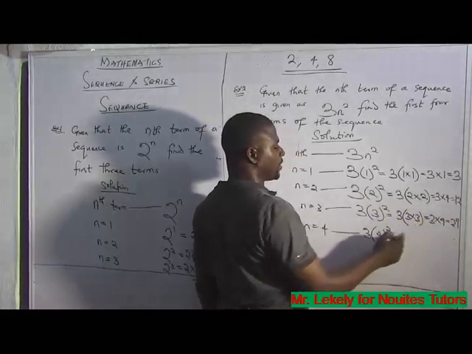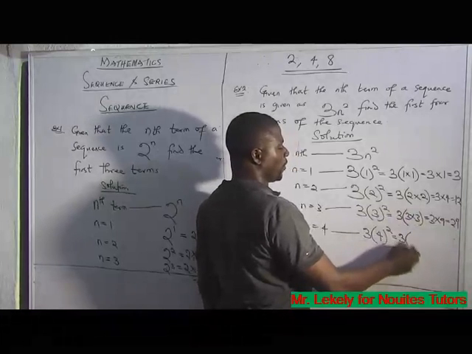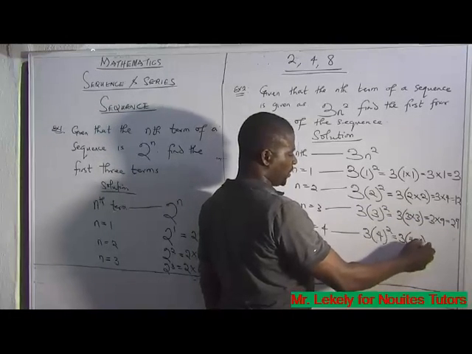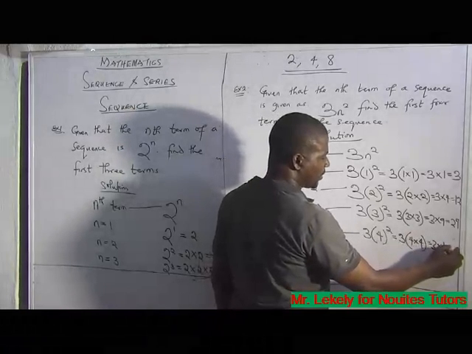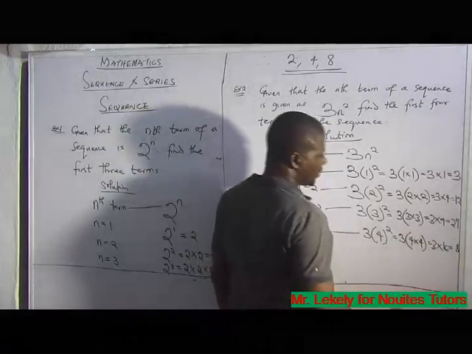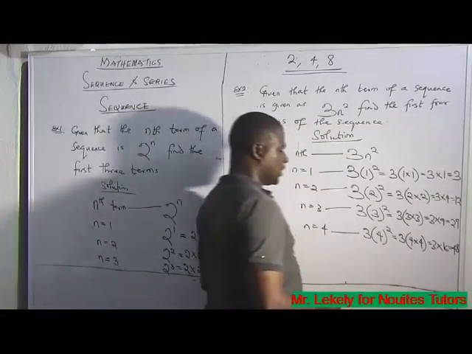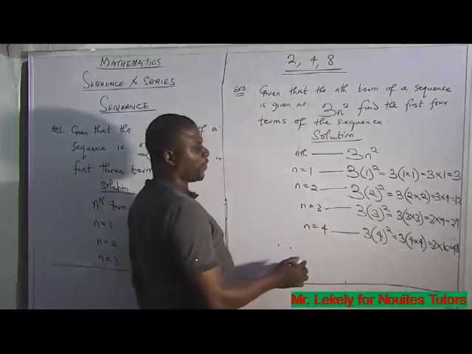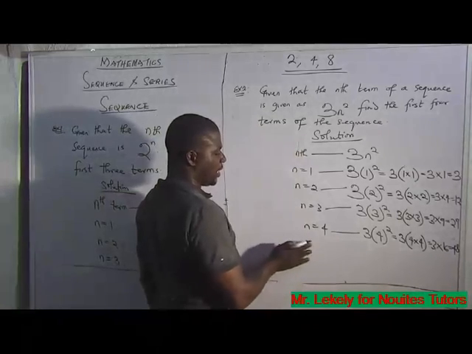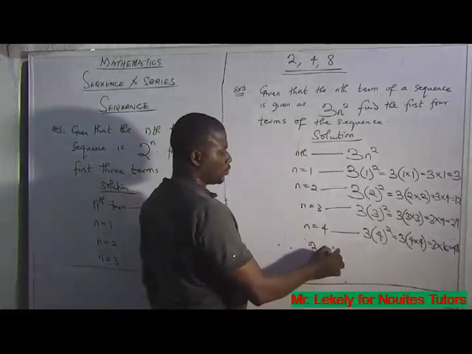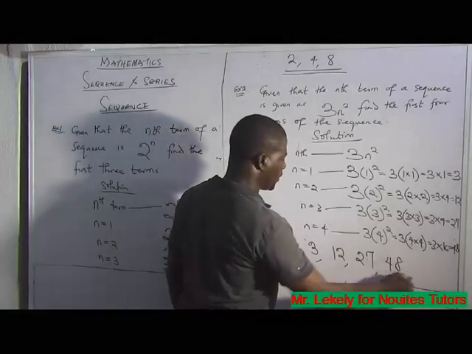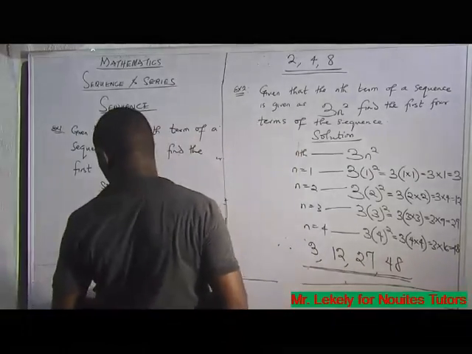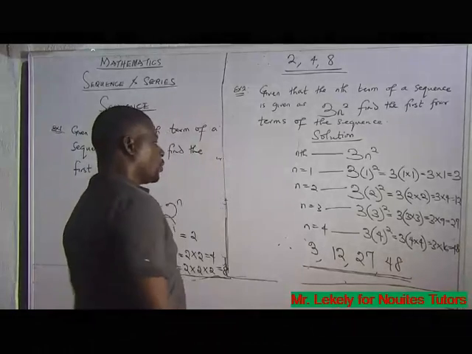Then 4 squared means 4 times 4, which is 16. So 3 times 16, that is 48. So therefore the first 4 terms of the sequence are 3, 12, 27, and 48.